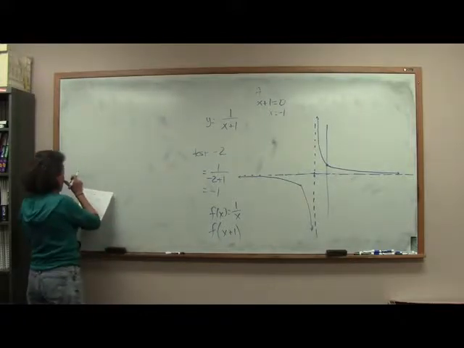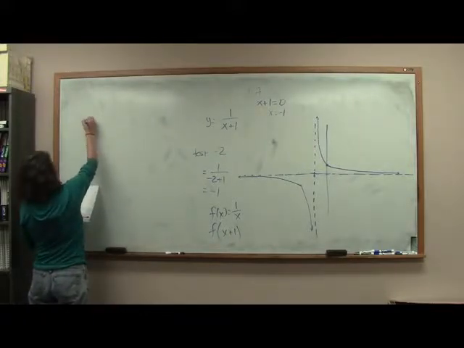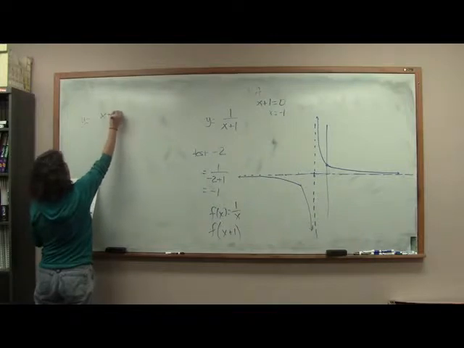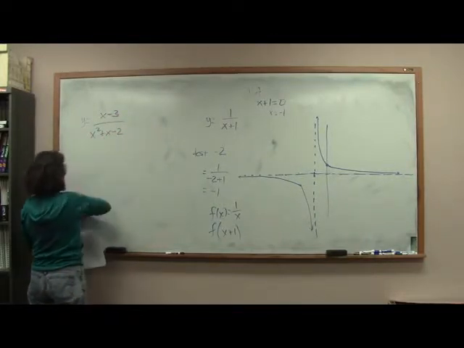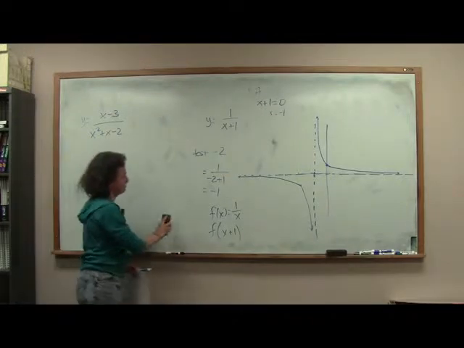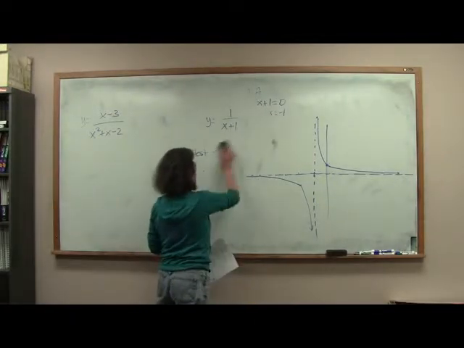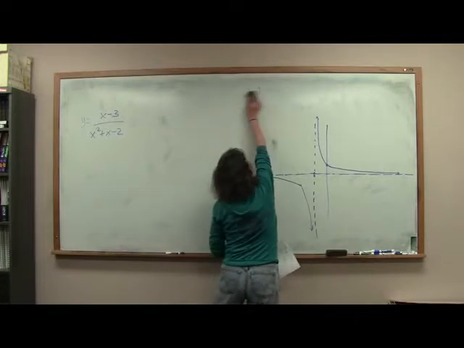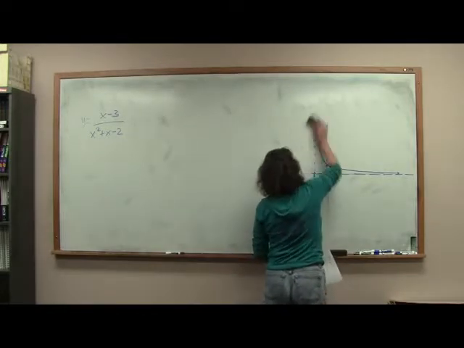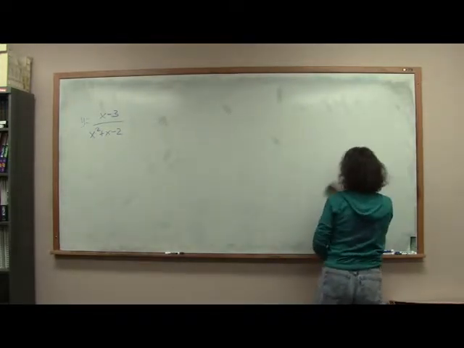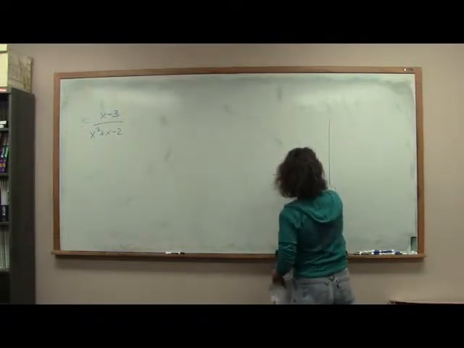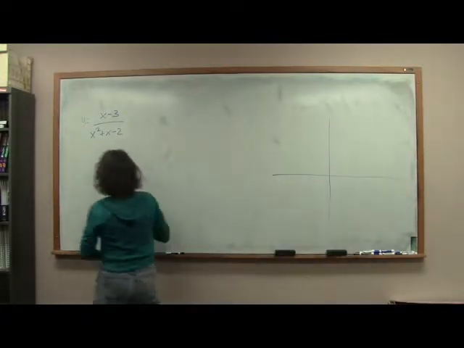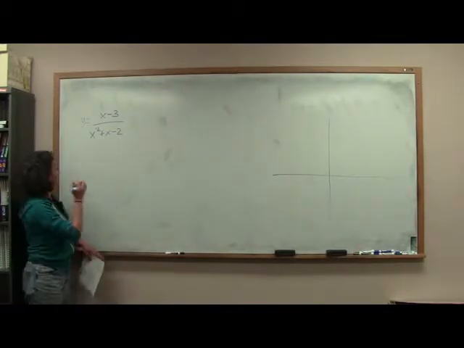What if I have y equals x minus 3 over x squared plus x minus 2? Okay, start out with a clean graph here. First step, intercepts.